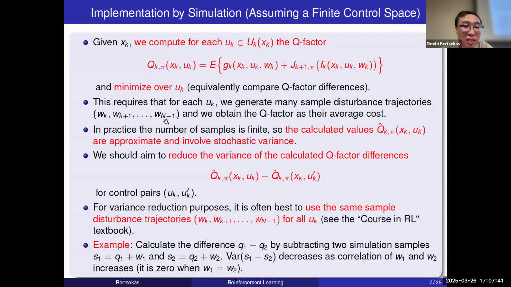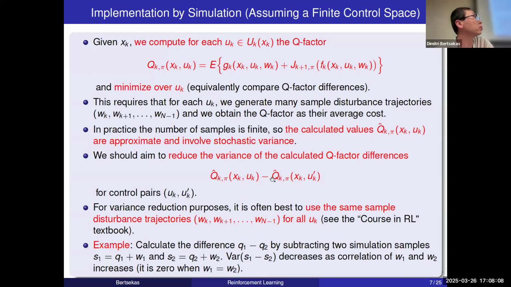And we use the same random trajectory to calculate the estimate of Q for both UK and UK prime. And by doing that, we can reduce the variance of the difference of them. So this is the simple idea of this method.